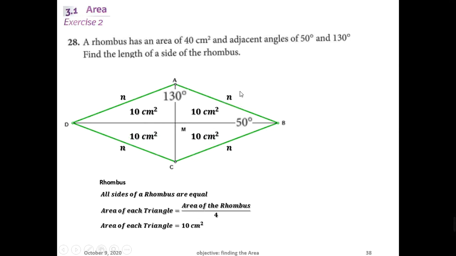So what's unknown in this question? It's n. Let's see how we're going to find the length of side n. So this is the rhombus, with 130 and 50 degree angles. All sides are equal, so we called each side n. Each triangle has the exact same area.